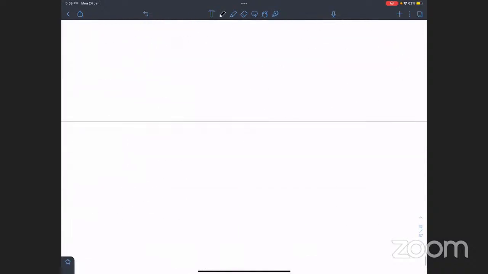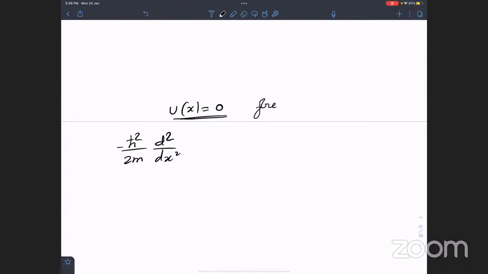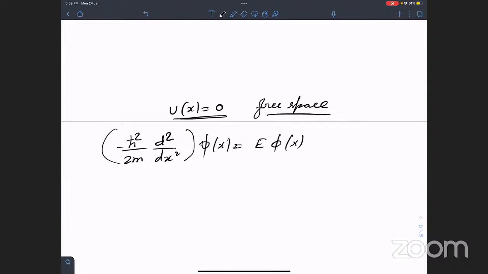The simplest time independent Schrodinger's equation is when U of x is 0: no potential, completely free space. So minus h bar squared by 2m d squared by dx squared phi of x is equal to E times phi of x. We want to solve this particular problem.